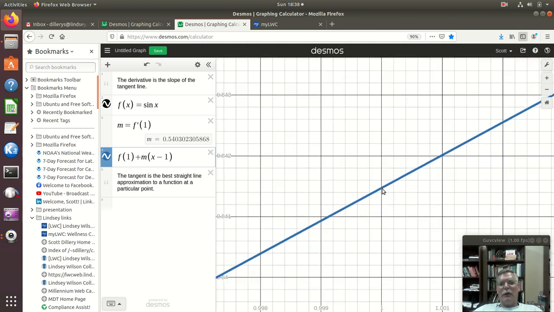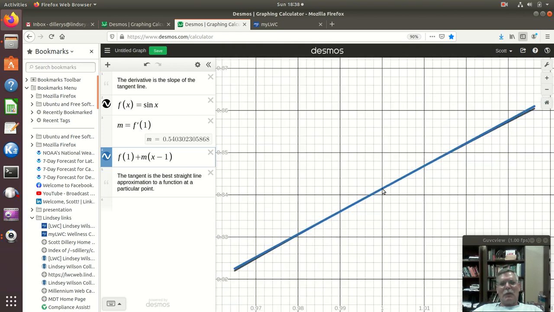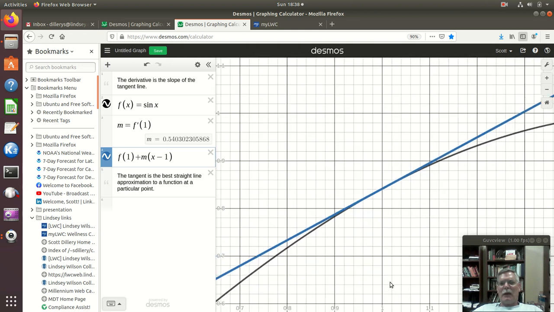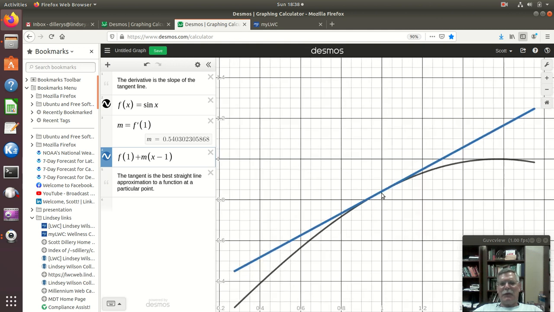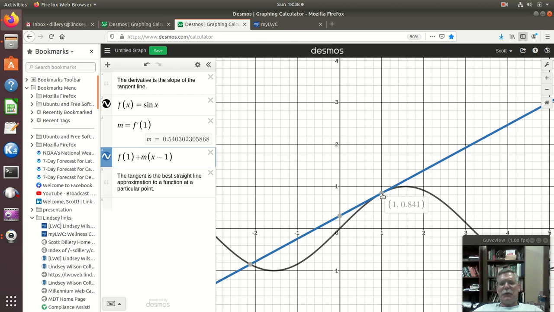So we can come back out here and we see that, here's one. Well, I'm only at 0.7 this way, and already they're pretty far apart, right? So it's not a great straight line approximation for very long, but at that point, that was a darn good straight line approximation. It is the best straight line approximation for that function at a point.